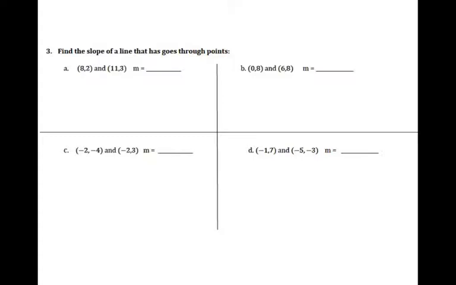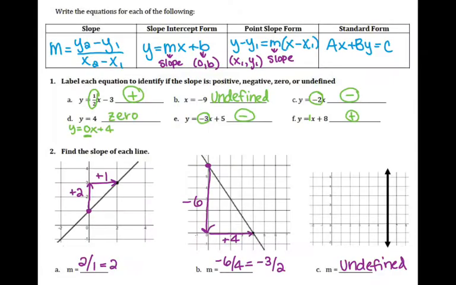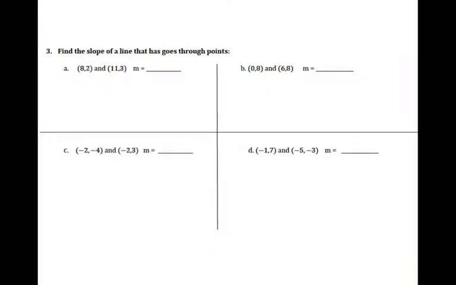So finding the slope between 2 points. In order to find the slope between 2 points, I'm using my slope formula, which if I go back to the first page, is this formula right here. I'm just going to rewrite it on this slide so you can see it as I go. So m equals y2 minus y1 over x2 minus x1.